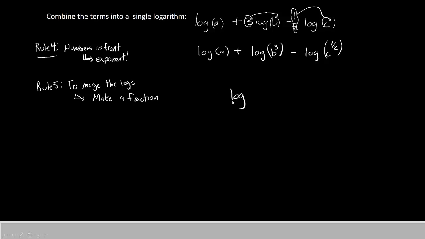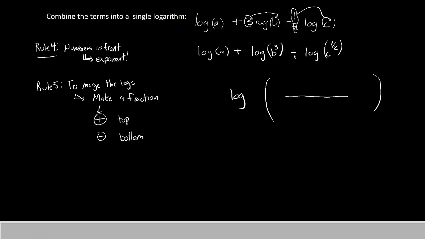So we're going to have one big log term, and it will be a fraction. Any positive terms will occupy the top side. Any negative terms will occupy the bottom side. And if you have no bottom terms, then it's not really a fraction at all. You can simply leave the bottom as 1.